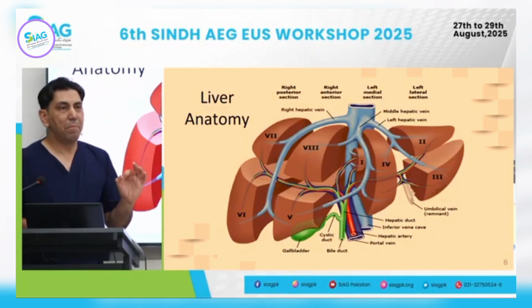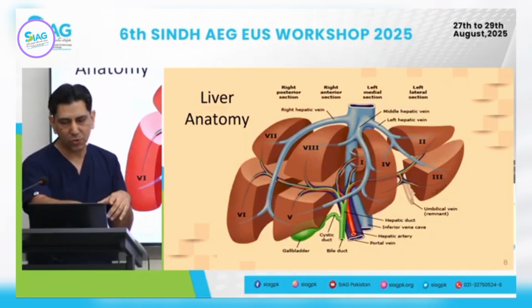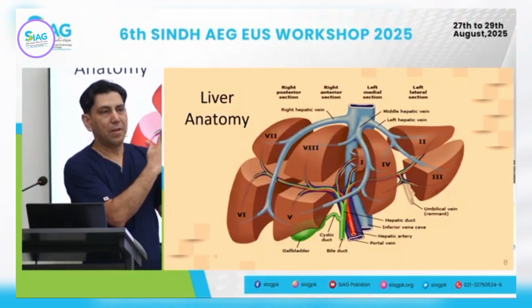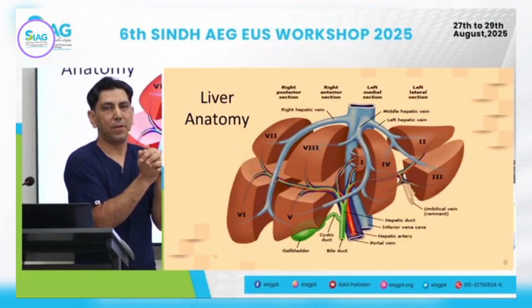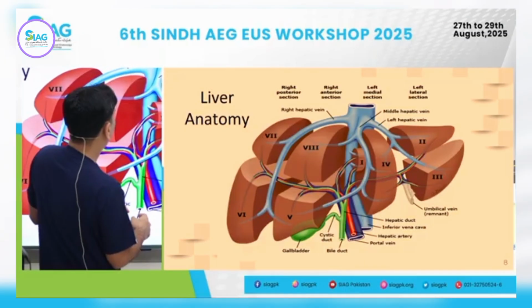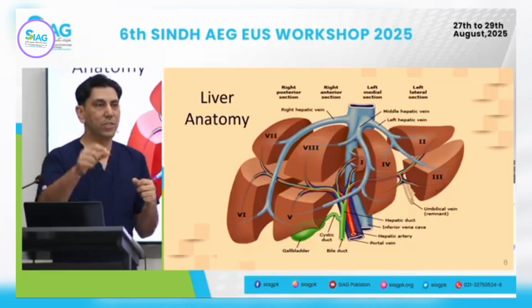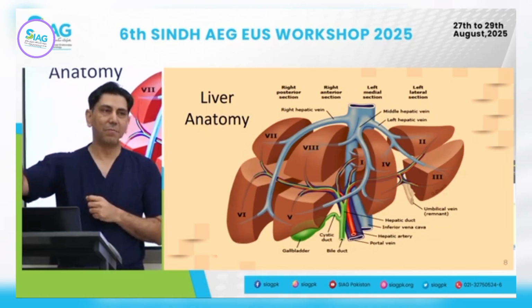The important thing to remember from this slide, again, is that the portal vein branches and the hepatic veins, as you see on the screen, transect each other in a perpendicular plane. That's a key concept to take away. Because they're transecting each other in a perpendicular plane, when we're doing an EUS examination, if you're seeing the complete length of a hepatic vein, the portal vein is not going to appear in the same direction.